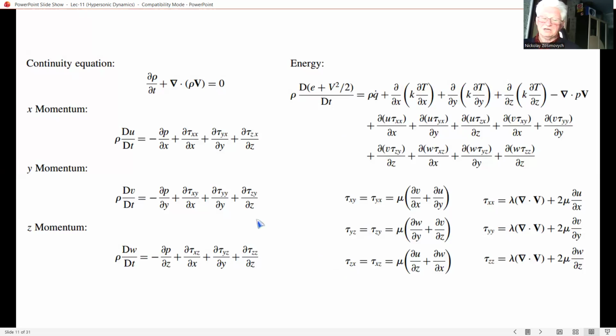The preceding equations are written for an unsteady, compressible, viscous, and three-dimensional flow in Cartesian coordinates.